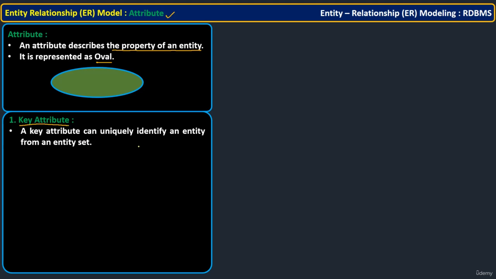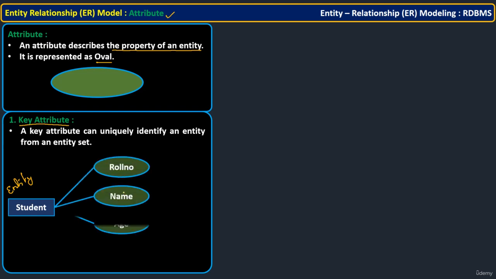Now if you see here, student is an entity as we discussed earlier. It is going to have, for example, roll number, name, age, address. These are the attributes in this student entity. These four attributes are there.